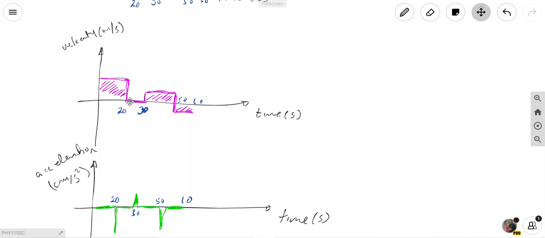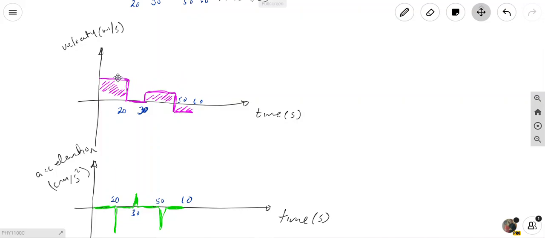Now, when you analyze the interval from 30 to 50 seconds, that is over here, again the velocity is constant, right? And it's lower than the velocity in the interval from 0 to 20 seconds. Why?